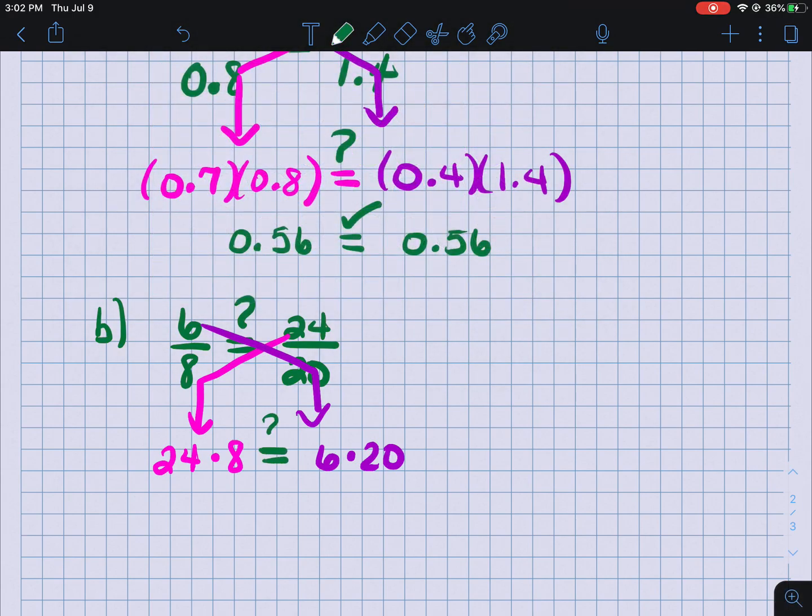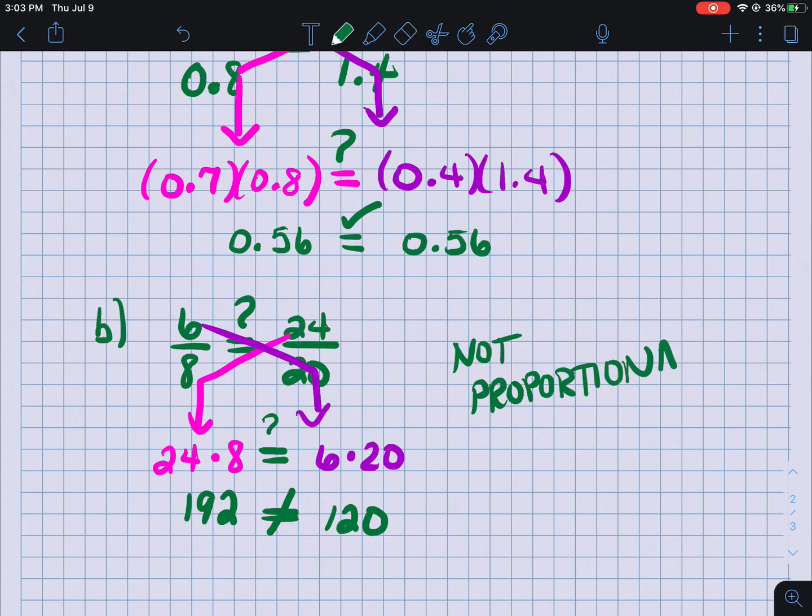Again, I get my calculator out and I get 192. 24 times 8 is 192. And 6 times 20 is 120. And that is not true. And so we put a cross through that. This shows not equal. These are not proportional. Okay, that's one type of problem you might come across.